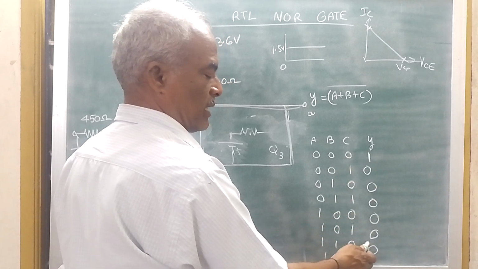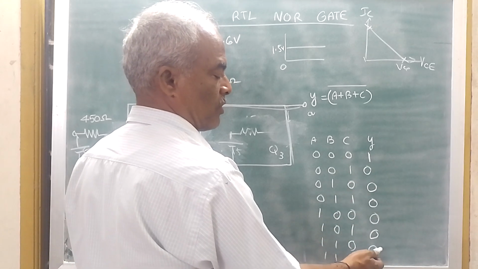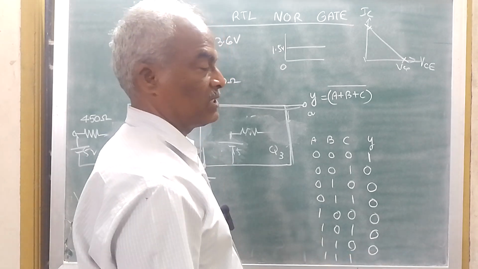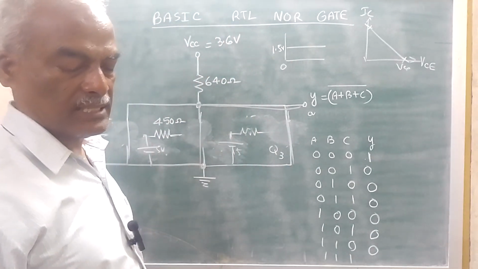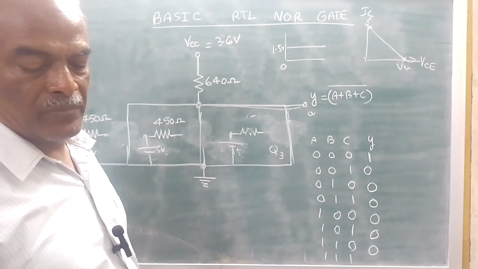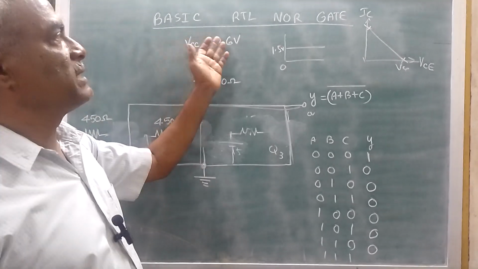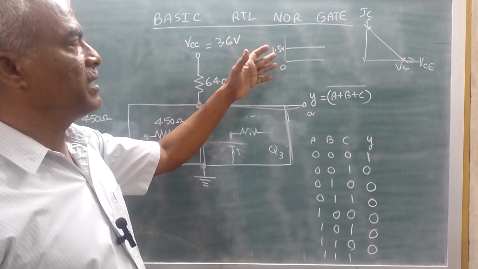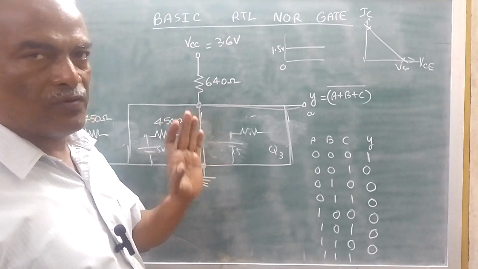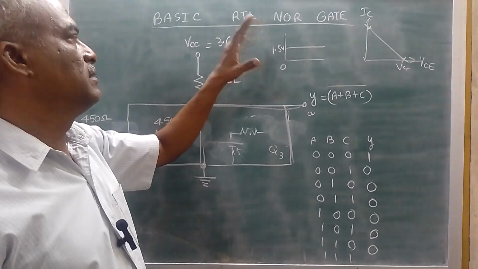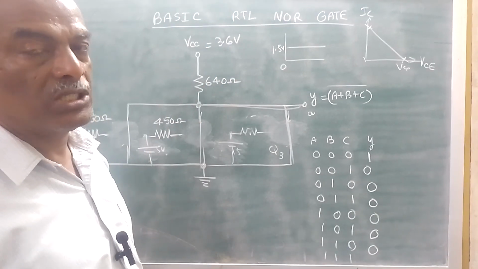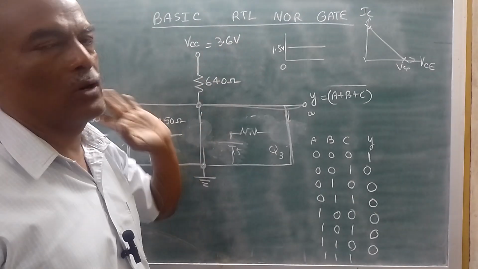So for all the cases up to 1, 1, 1, the output of OR gate is 1, whereas for NOR gate it is 0. So this circuit will work as a NOR gate. Why do we call it an RTL NOR gate? Because we are realizing the NOR function with the help of resistance and transistor, and we have designed a digital logic circuit to realize a NOR gate.